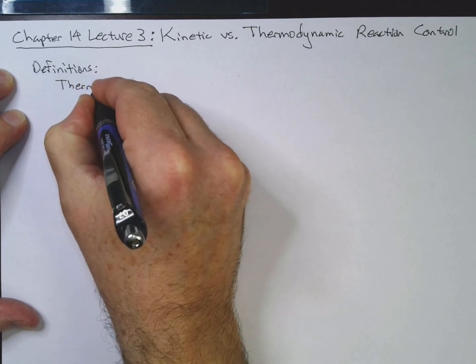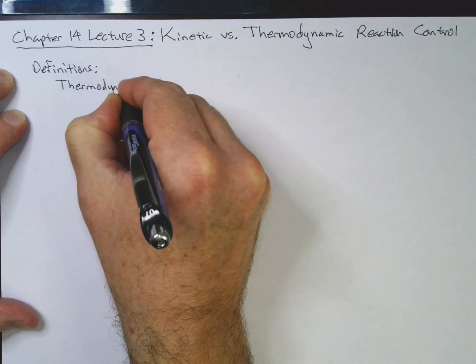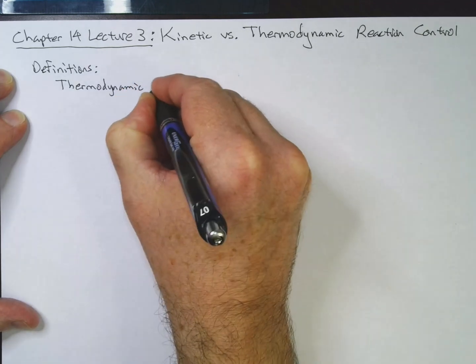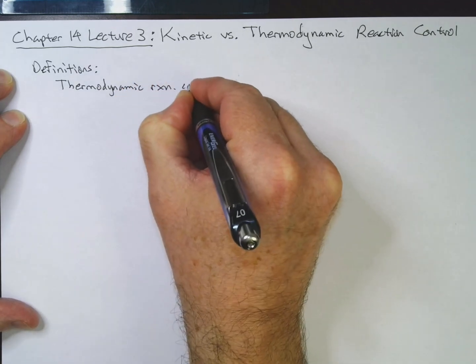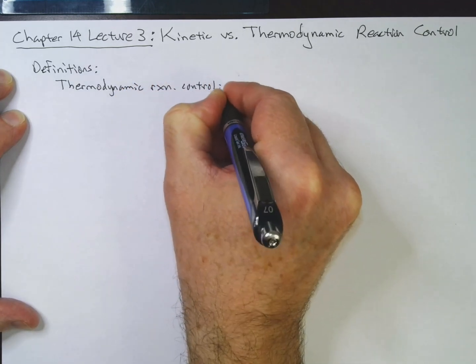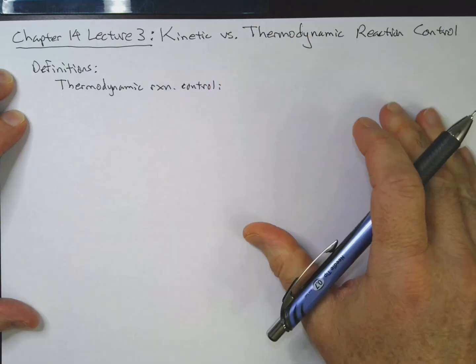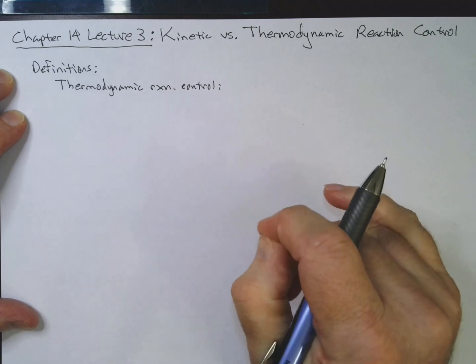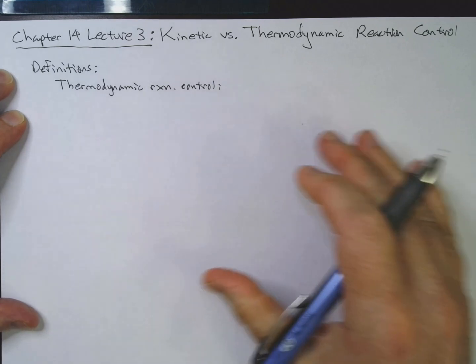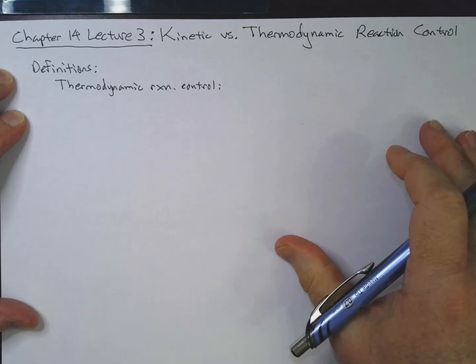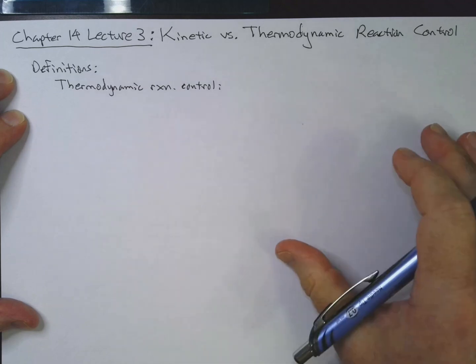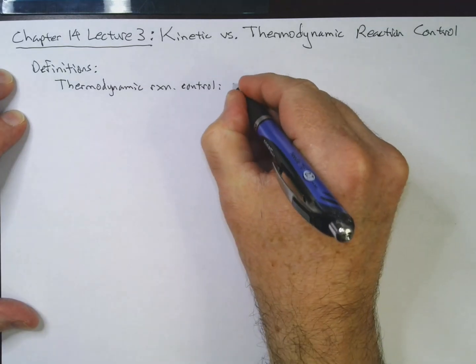So, thermodynamic reaction control is at high temperature, more molecules have enough energy to overcome a higher activation energy and form a more stable, lower energy product.